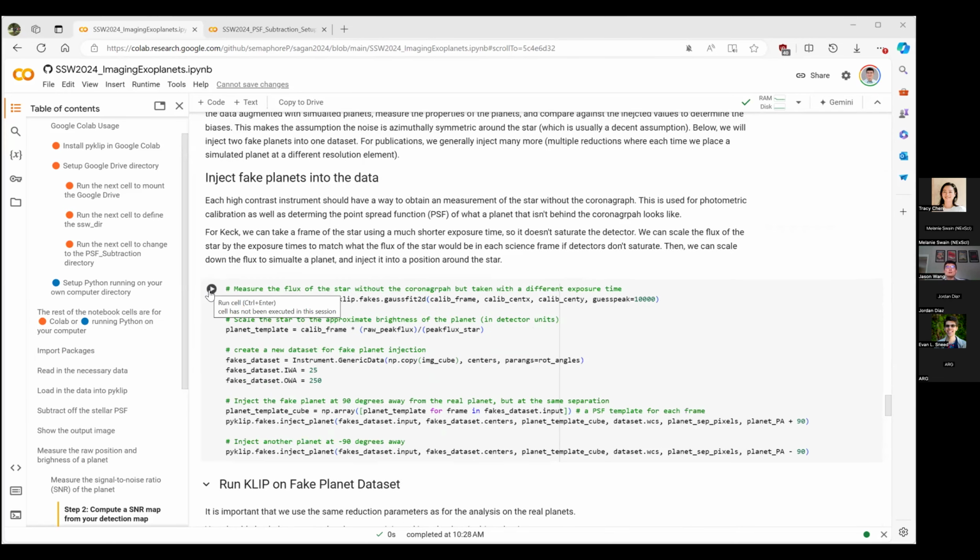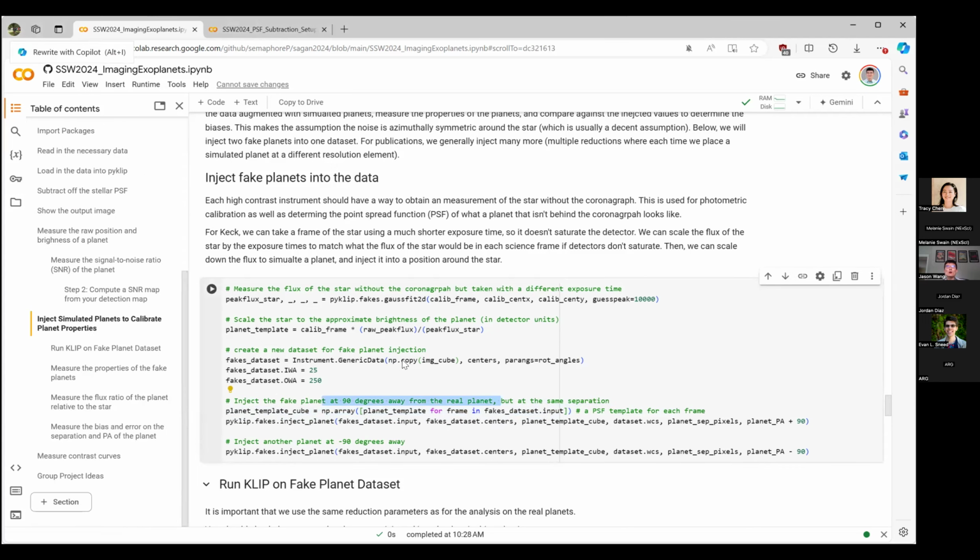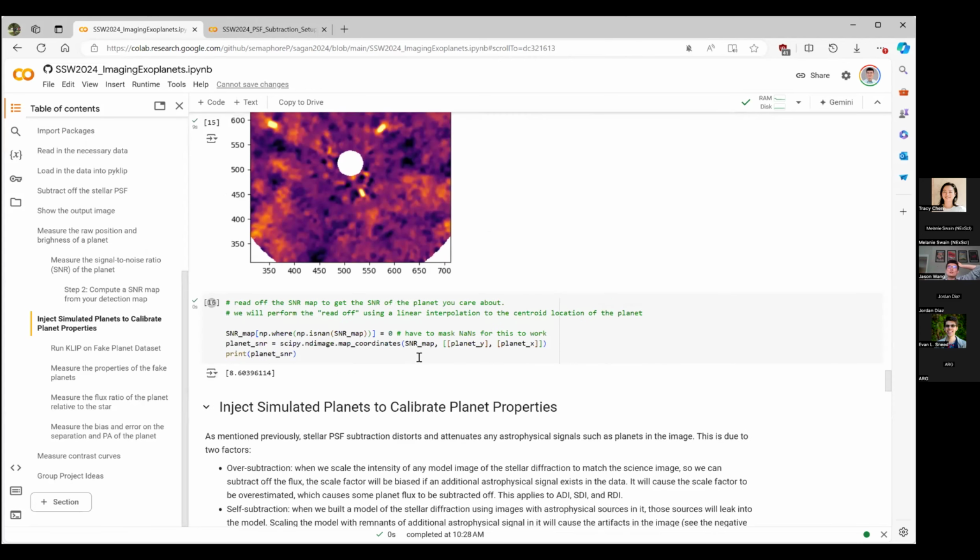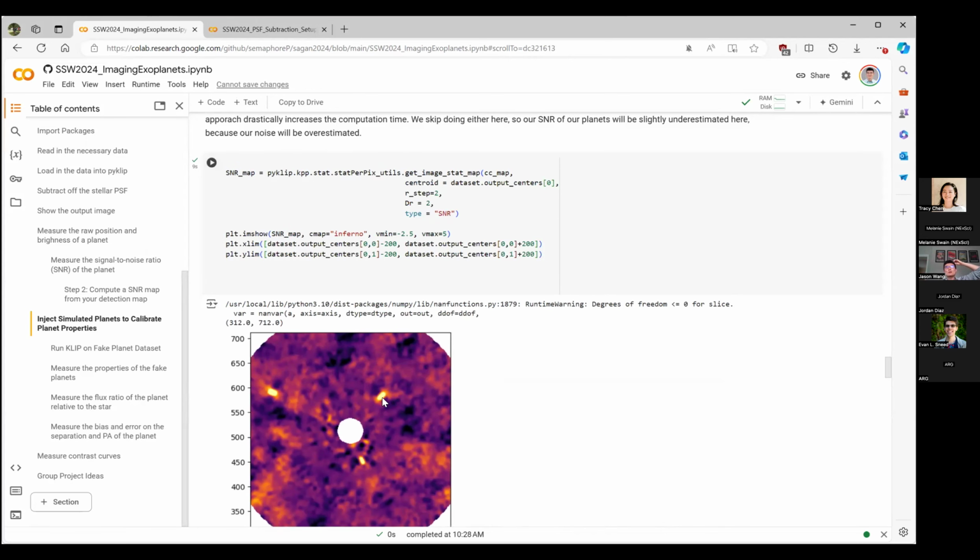So we inject fake planets into the data. In this case, we're going to inject 2 fake planets into the data. Each planet in the data will have to have its own fake planets injected in for calibration. Here, since we've been doing all of our analysis for HR 8799C, we're going to inject 2 planets, one at this location and one at this location, 90 degrees away from the planet with the same brightness as the planet.